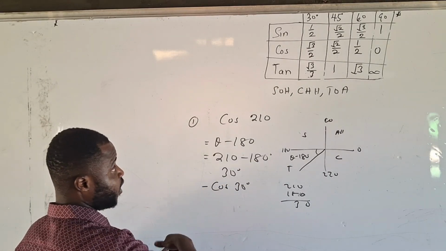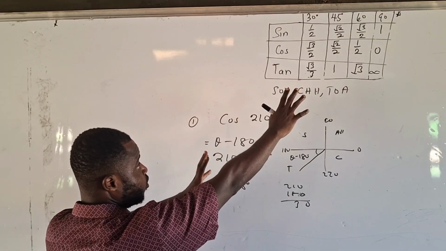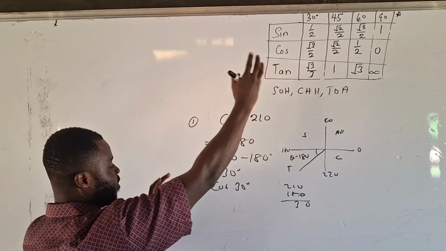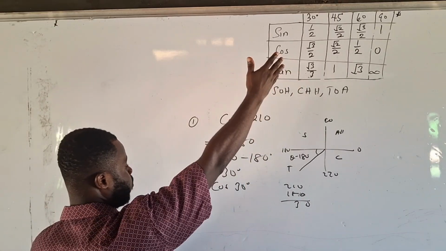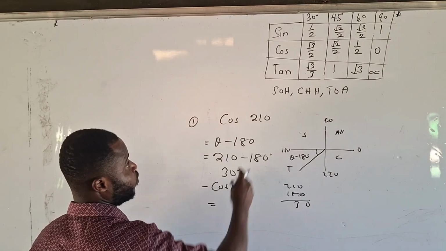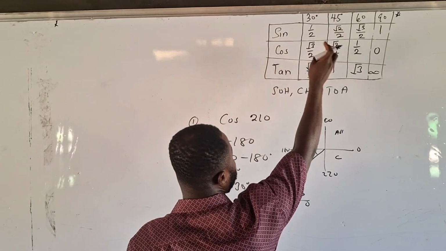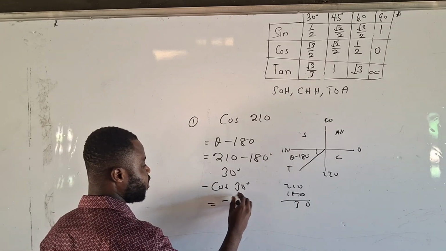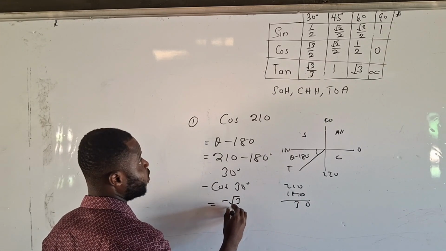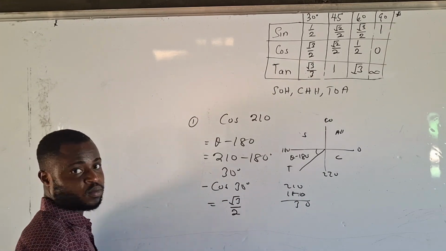I didn't clean this table because they said we will leave our answer in surd form. So negative cos 30 degrees on the calculator will give us negative root 3 over 2.